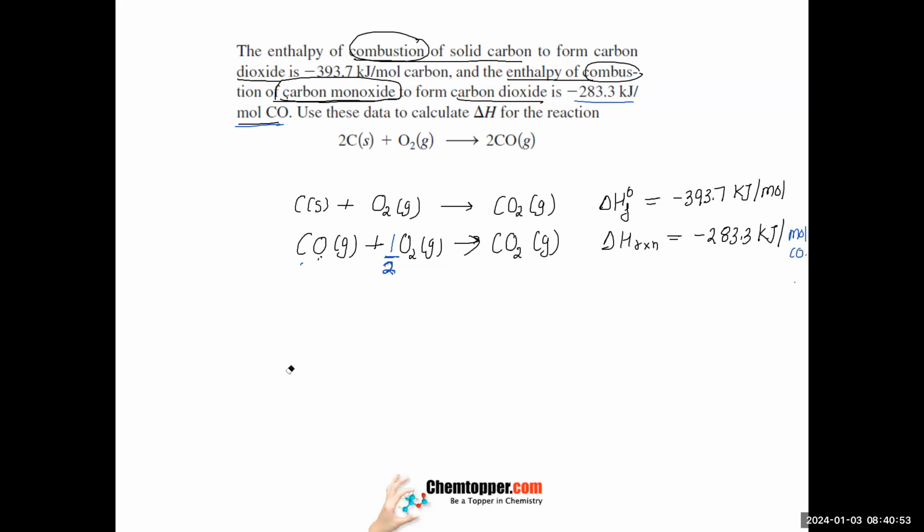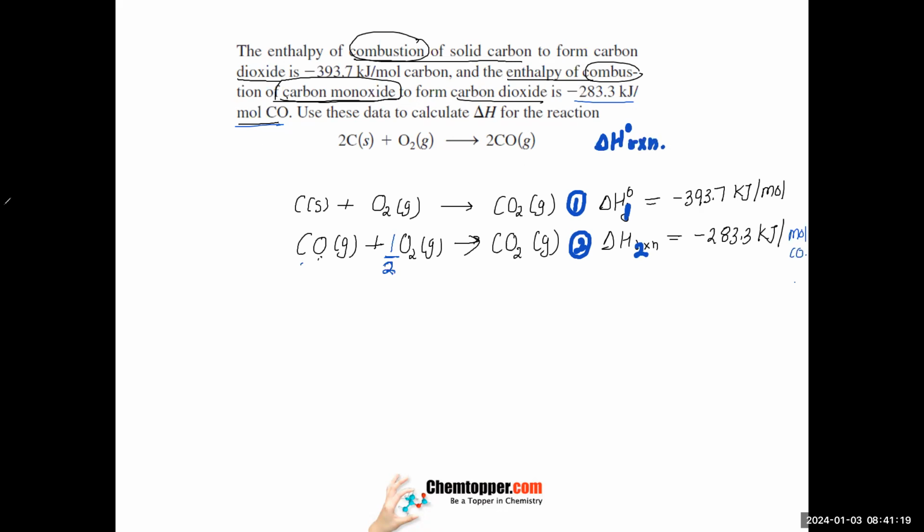So the information is about 2 equations. So it means I know the enthalpy changes for this equation, which I can say as equation 1. So this is delta H1, and I can say that as equation 2. This is delta H2. I'm going to use these equations to get delta H naught for this reaction.